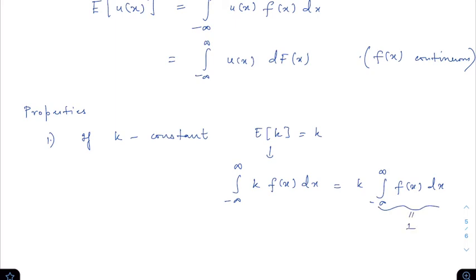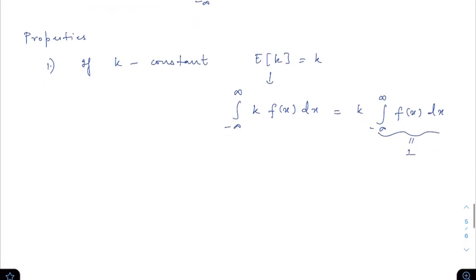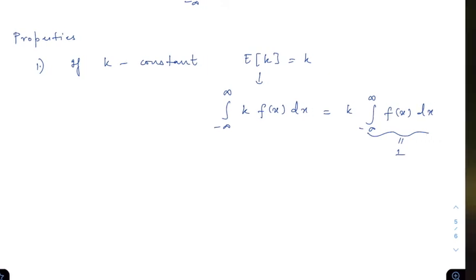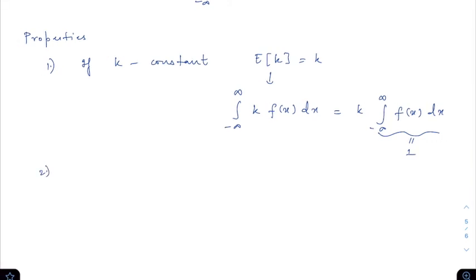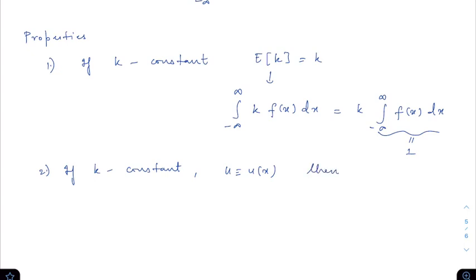Now building on this, if k is a constant and u is a function of x, then the expectation value of k times u is actually k times the expectation value of u.